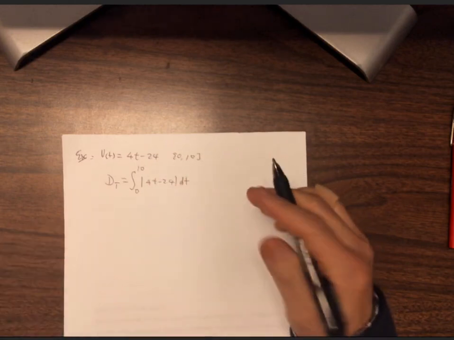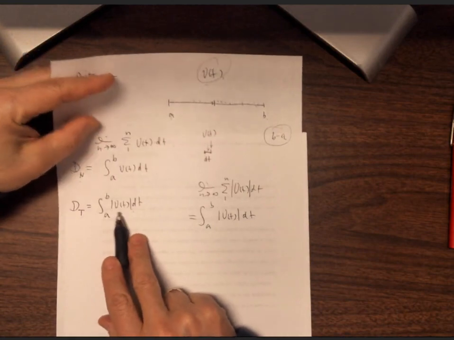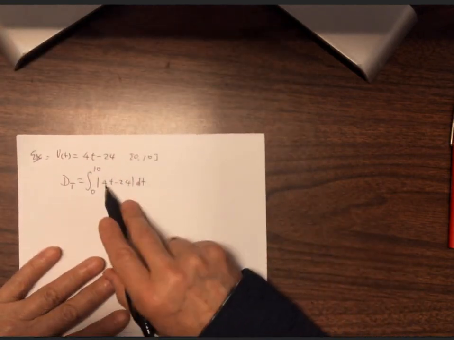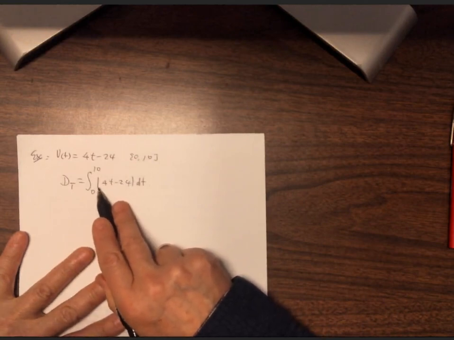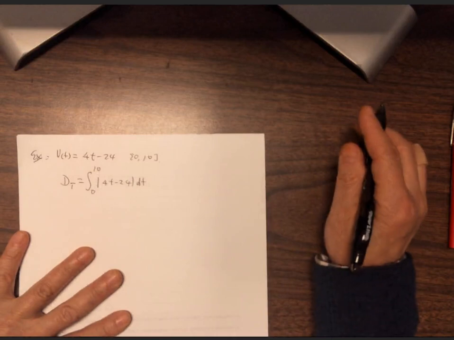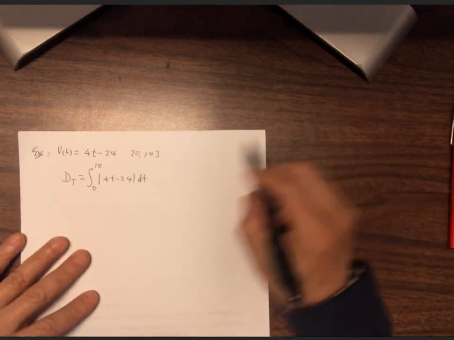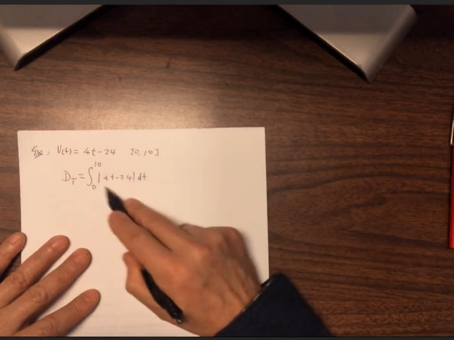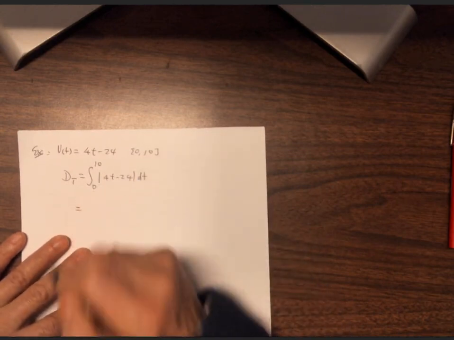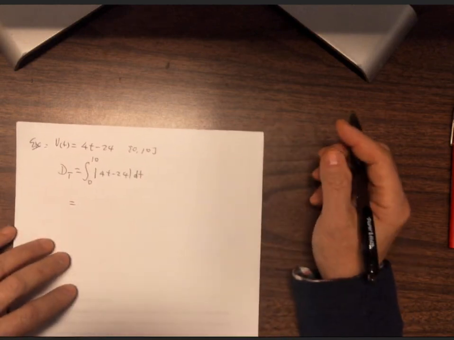Setting up the integral is pretty simple. It's just applying the formula. What I really want to show you is how we evaluate a definite integral when there are absolute value signs. There's no integration formula for a function with absolute value signs. Well, I'm going to show you how to do it in this example.